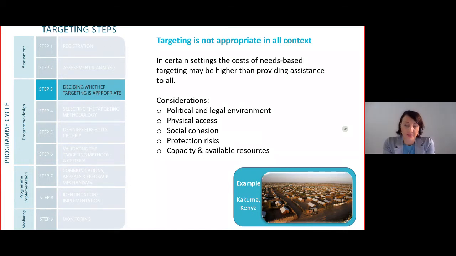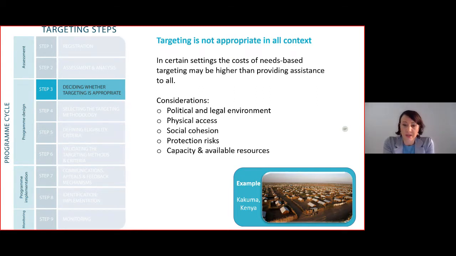In 2017, the operation decided to have an assessment to understand the percentage of people that were able to meet basic needs without support. As a result of the assessment, only 4% of the refugees in the camp were able to meet their basic needs without any support.